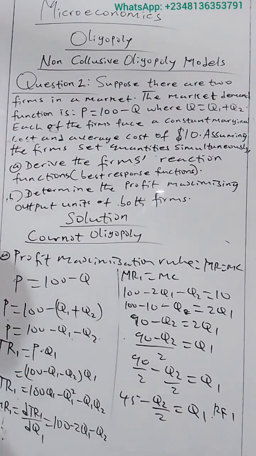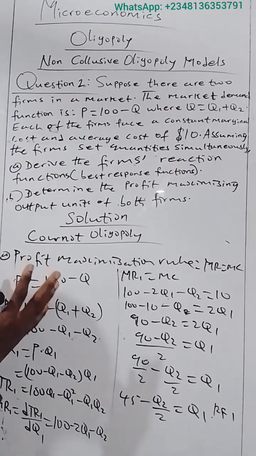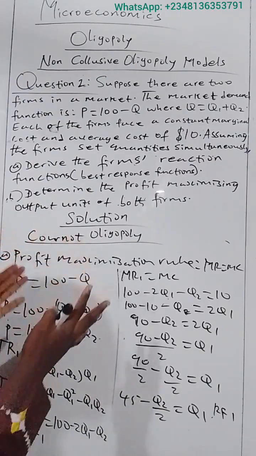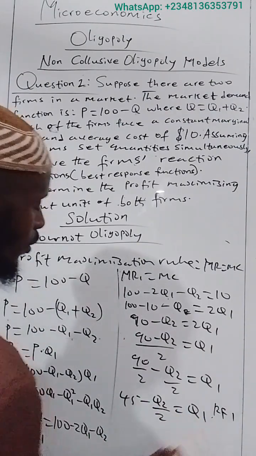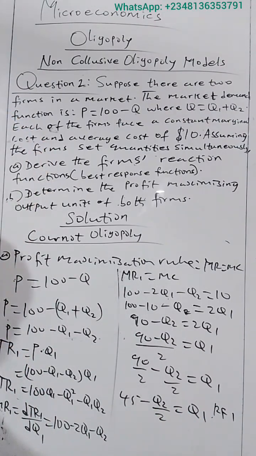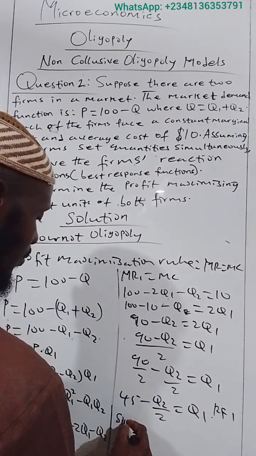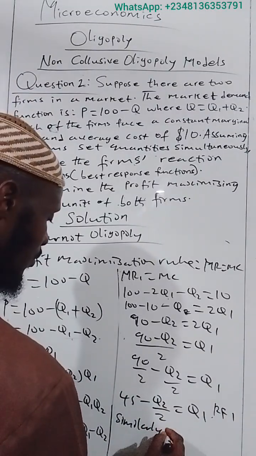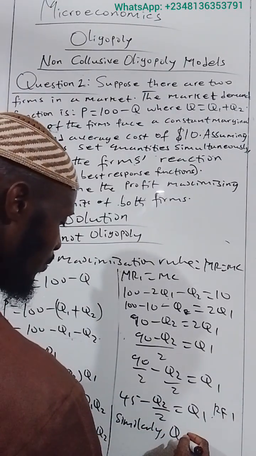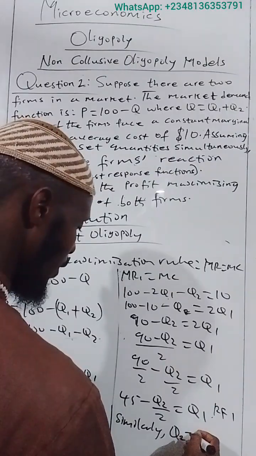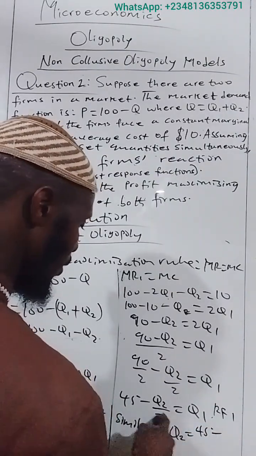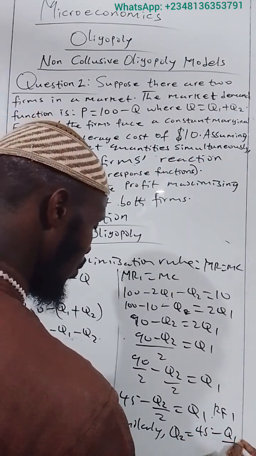Now, since the firms choose quantities simultaneously and this is a Cournot oligopoly, the reaction function of the other firm, firm 2, is going to be symmetric. It's going to be the same as the reaction function of firm 1. Similarly, Q2 will be equal to 45 minus Q1 over 2.